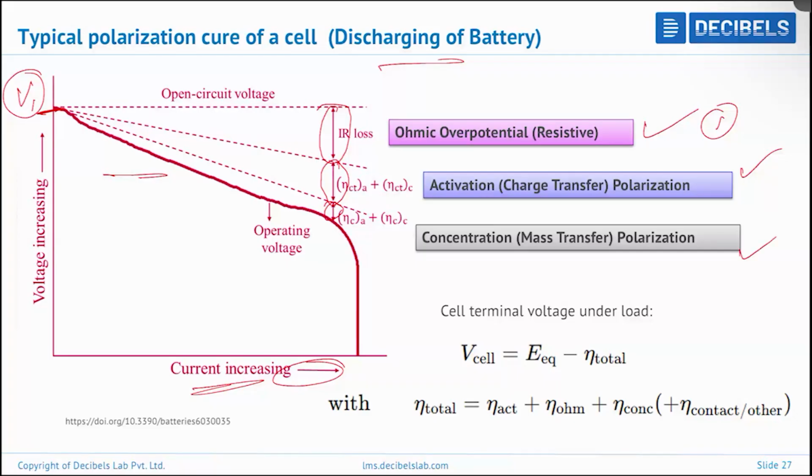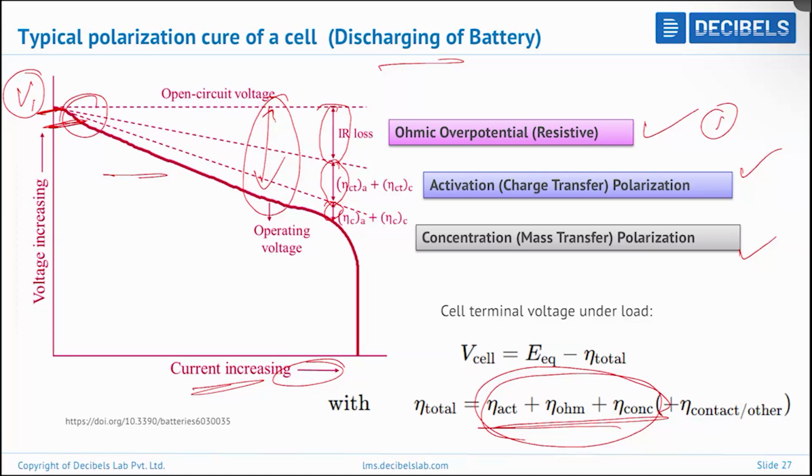So the cell voltage under the load, the overpotential, is the sum of these three. If there is more overpotential, then the loss is more. If more loss, then the output capacity is also less. Initially, there is more output capacity because the voltage is high. Upon discharging, since the voltage drops, the capacity also drops.